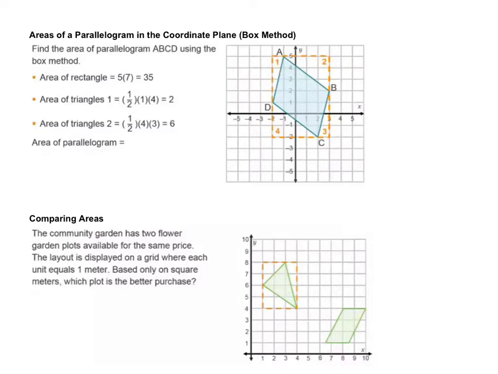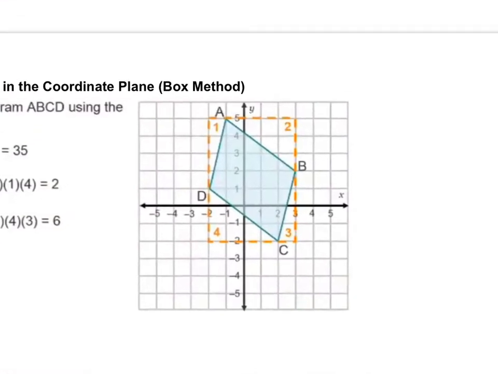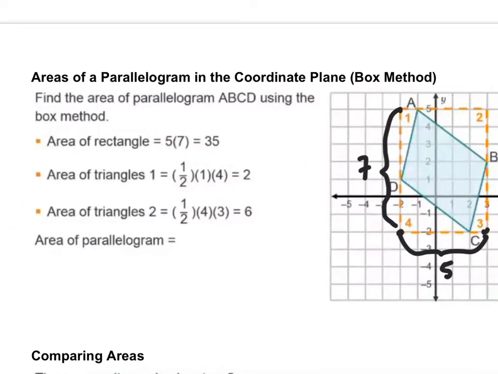Now, let's label the entire length from here to here as a length of 5, and this one is a length of 7. Really all I'm doing is just counting. So the area of my big rectangle is 5 times 7, which is 35. So that's the area of the whole thing.